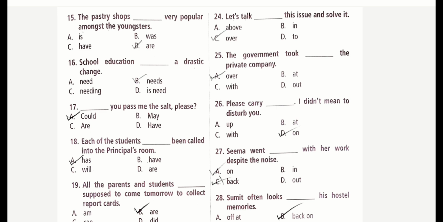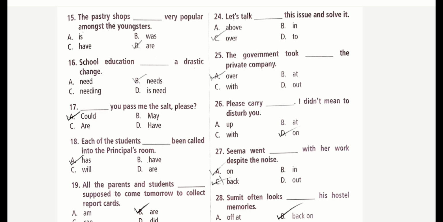The correct answer here is school education needs a drastic change. And why is need incorrect? Because it doesn't match the subject verb agreement. Education is singular, so the correct form would be needs instead of need.